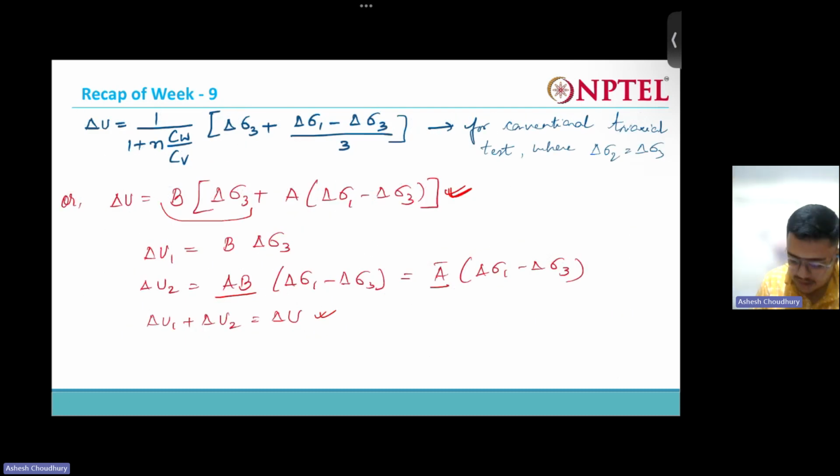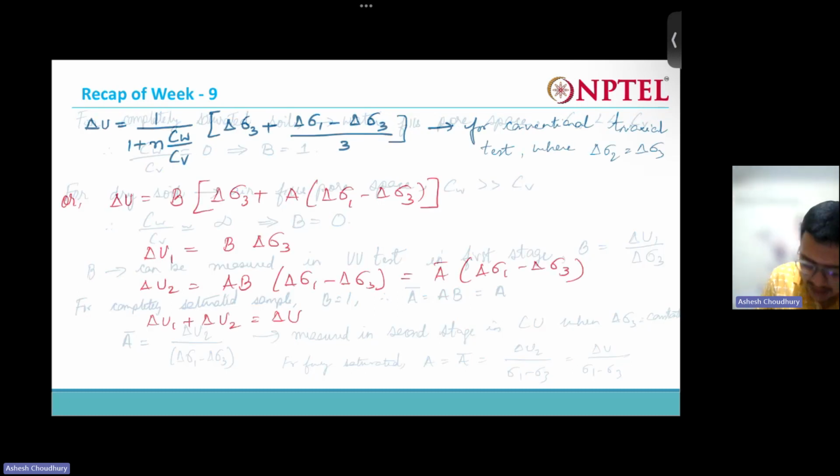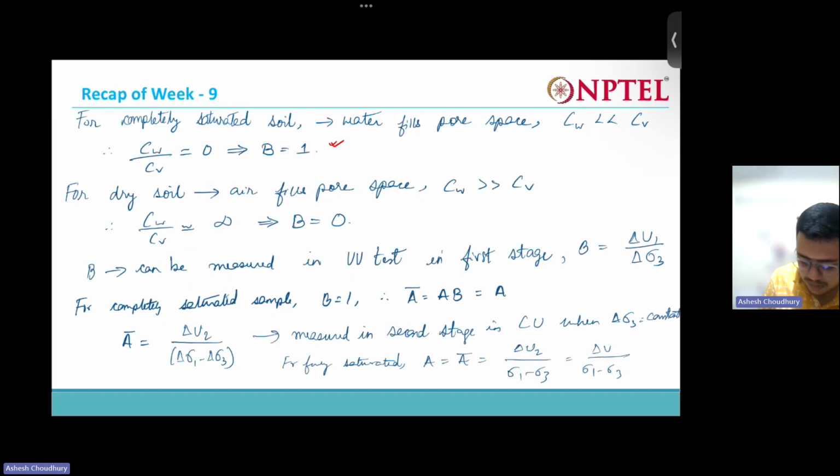Therefore this whole term is going to become 1. So we are going to have B is equal to 1. Now for dry soil, air fills the pore space. So the compressibility will be very high, so Cw will be very high. That means Cw by Cv will be almost equal to infinity, so B will become 0.